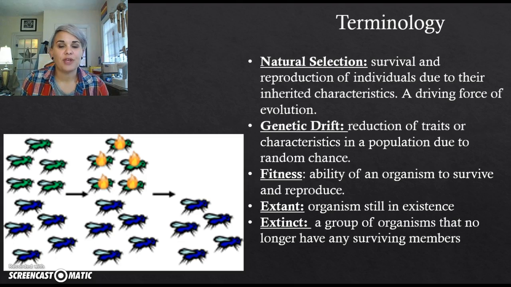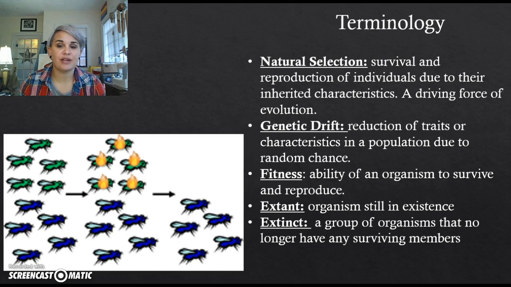And then the next term we have is fitness, the ability of an organism to survive and reproduce. And remember that this doesn't mean strongest, fastest, tallest. It means that you can survive long enough to reproduce and pass along your genetics into the gene pool. And then we have extant and extinct.